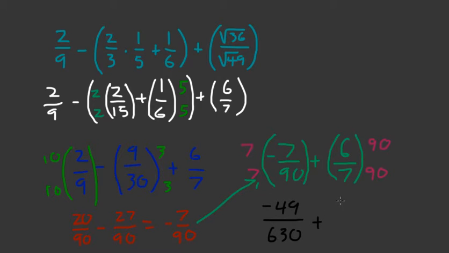This times this is 540 over 630. And then we're going to add them together. Let's move it up here because we don't have enough room. When we add them together, we are going to get 491 over 630.